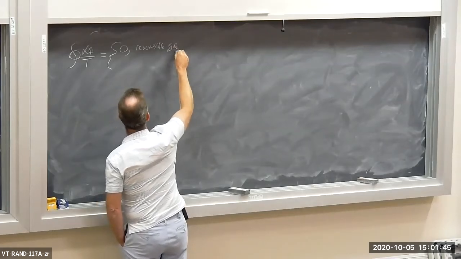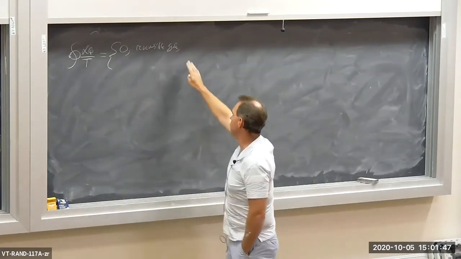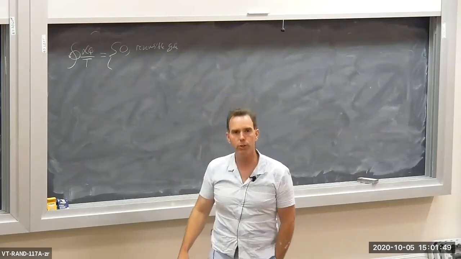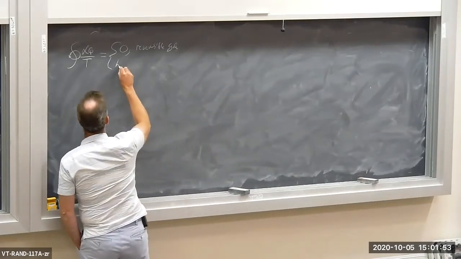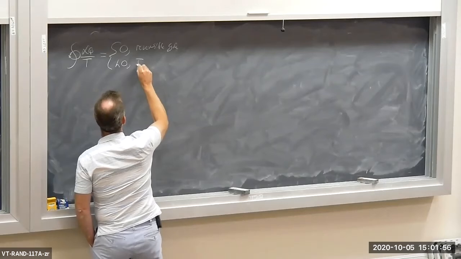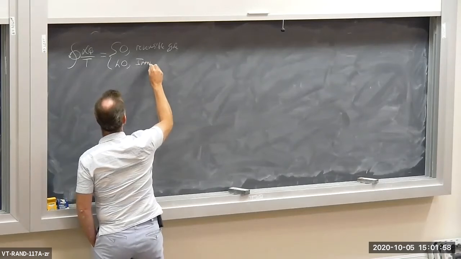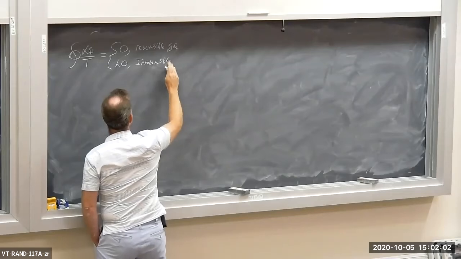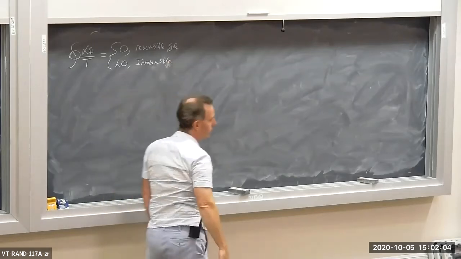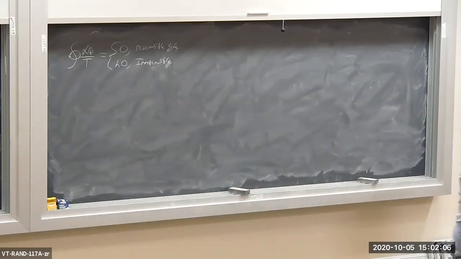So that integral is 0 when it's a reversible cycle composed of reversible processes, and it is less than 0 when there are irreversible processes within the cycle, or irreversibilities. So that cyclic integral can take on two values, either 0 or something negative, depending on the process. All right?